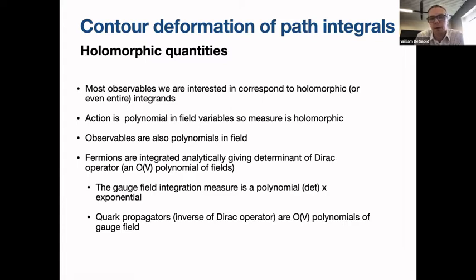So the measure remains polynomial when you introduce fermions. And then if I think about my nucleon correlator that I started with, which is built out of quark propagators, these are of course the inverse of the Dirac operator. But these, again, are just very large polynomials of the gauge field. And so all of these quantities are things where these contour deformation methods can be used.